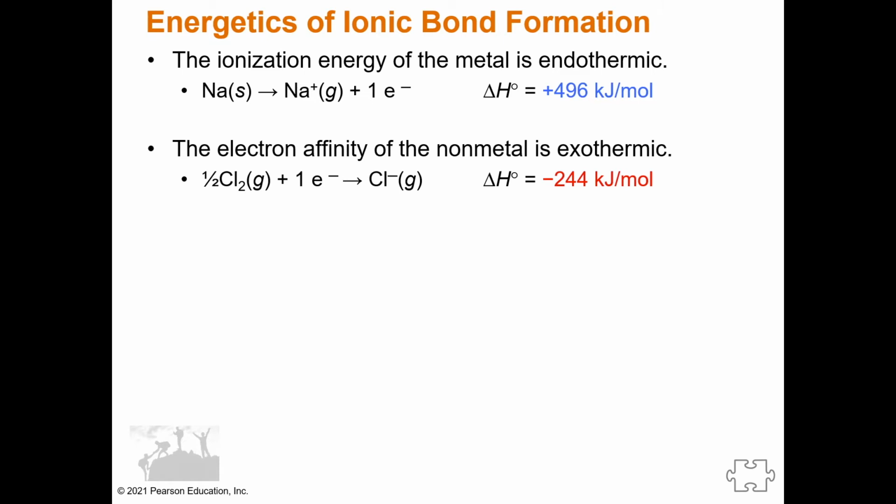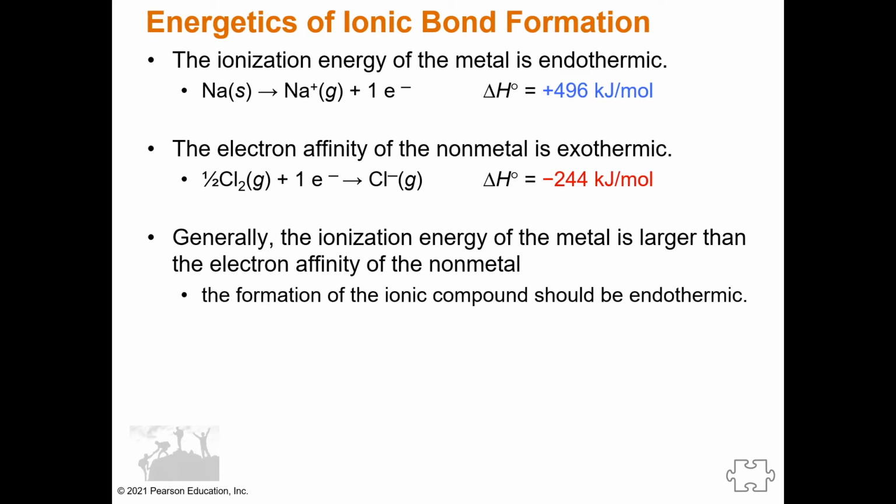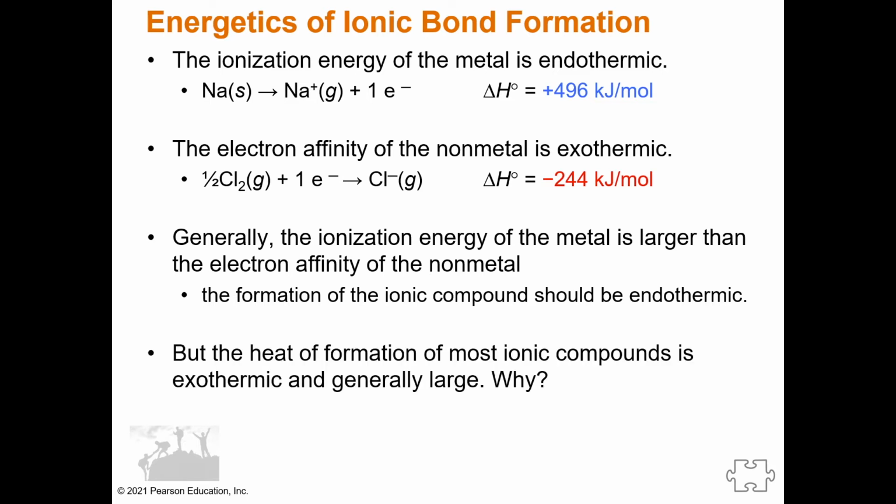So when we add these two values, we're supposed to get something that is endothermic, right? But through experimentation, we see that the delta H formation of NaCl solid is something that is very exothermic. Now, how does that make sense with the numbers that we have here? Well, there must be something missing in the process.